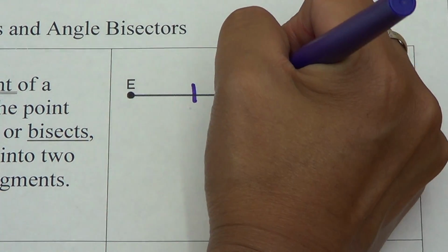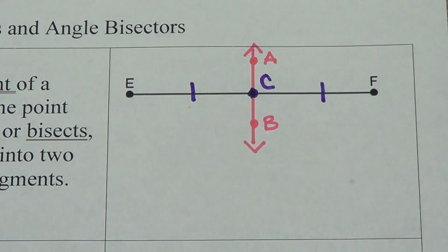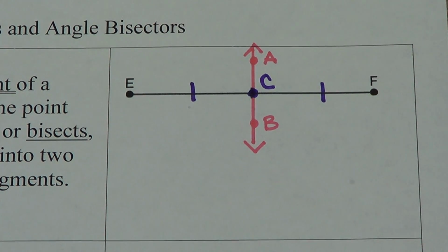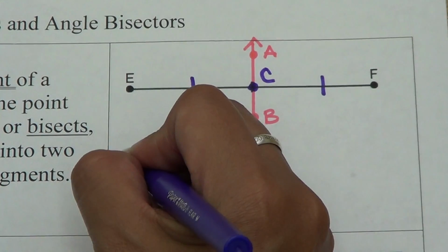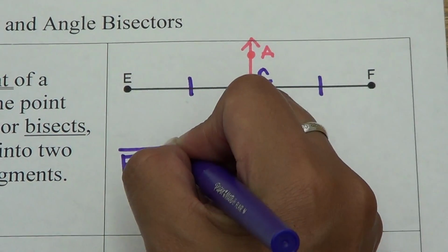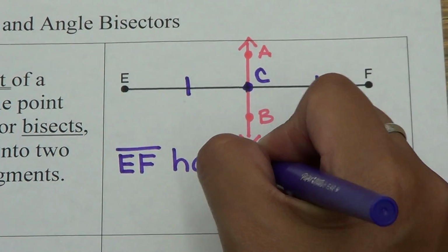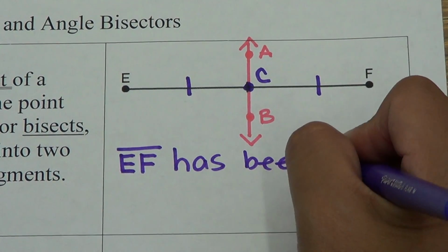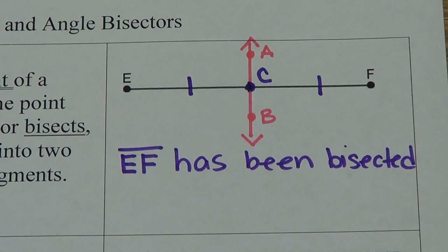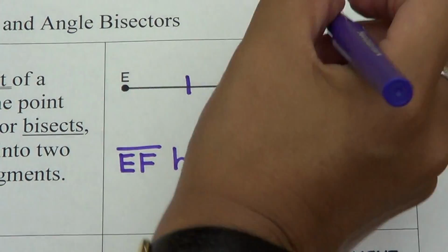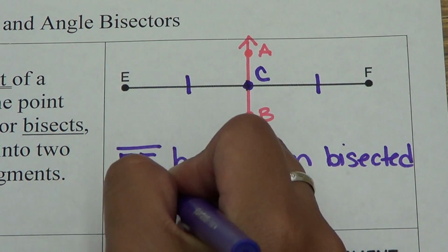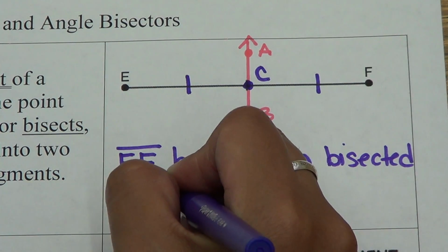let me add another point here. Let's add point C here. So what has happened is it's saying that segment EF, let's write that down, has been bisected, so it has been cut in half into two equal pieces, you might want to say, by line, I'm going to call this line AB.